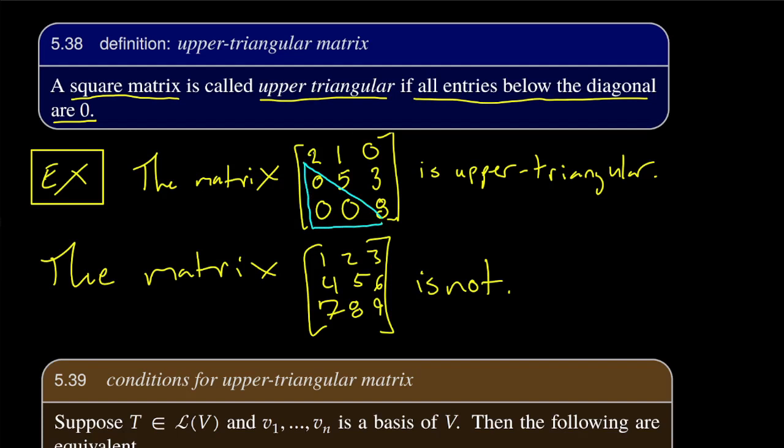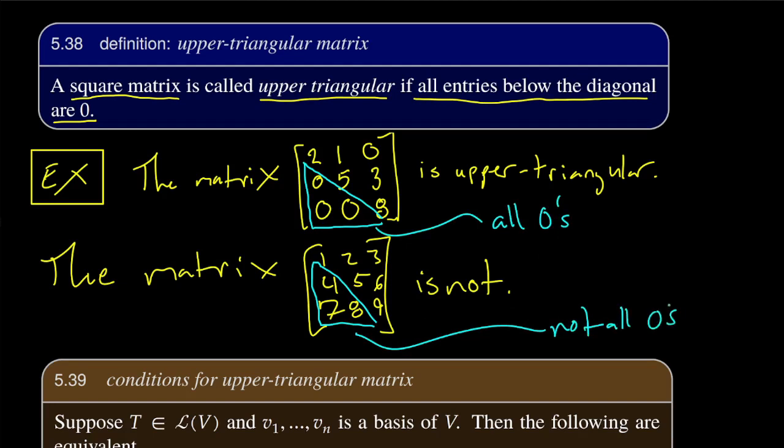So in the upper triangle is the place where some of the entries could potentially be non-zero, but everything in the lower triangle is 0. Here, my lower triangle does not have all zeros. So here, all zeros, not all zeros.